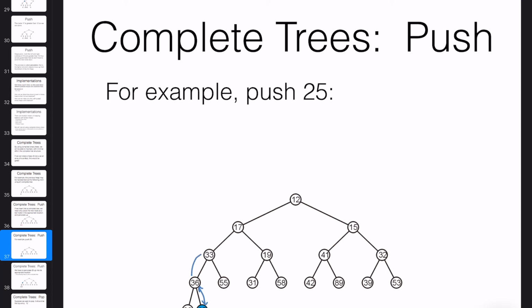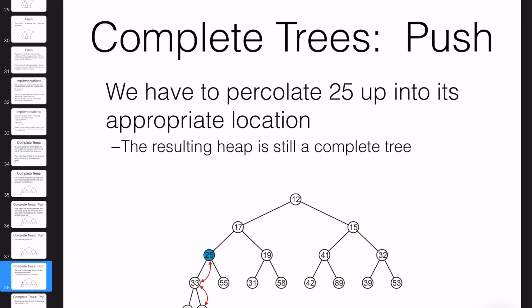Then you compare it with its parent, it is smaller, then you swap it. You compare it with its parent, it is not smaller, so you would stop here. So you see, after inserting 25, the tree is a complete binary tree, and it is a binary heap as well. All the nodes are going to be smaller than the values in the corresponding subtree.